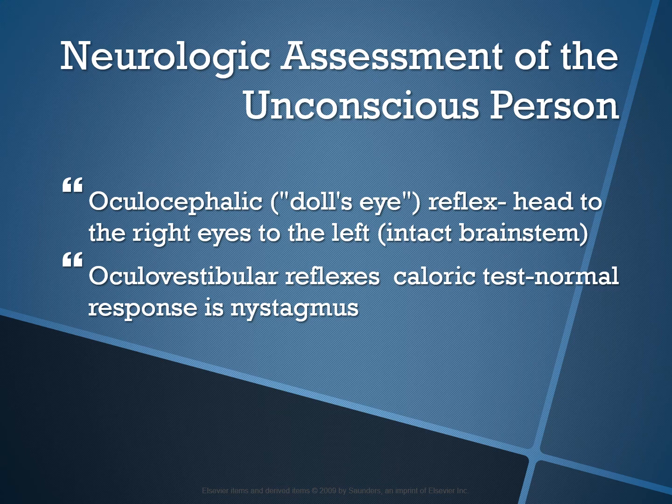Now, here are some other tests. The last test is your caloric test. And this is what you're looking for with doll's eyes. Doll's eyes is where you're looking to see if they've got brainstem involvement. What you do is you turn their head.